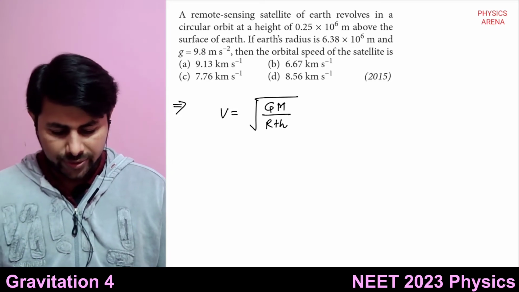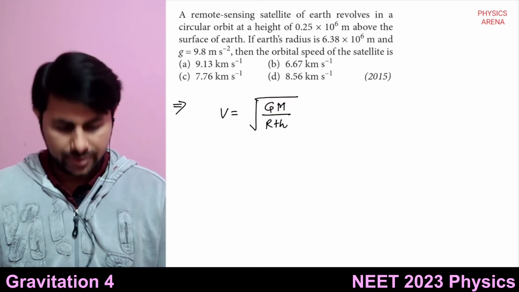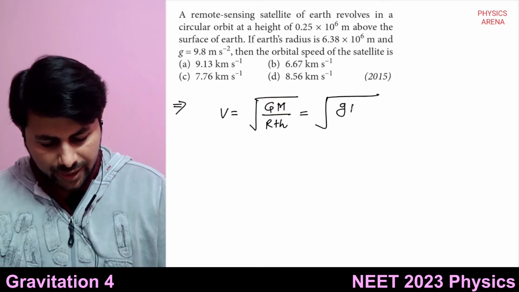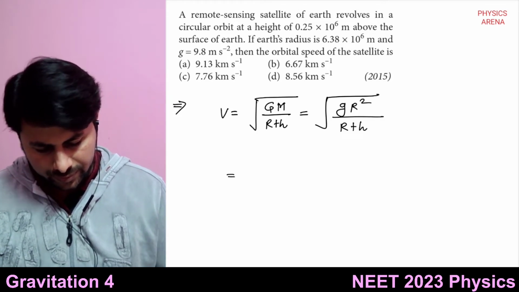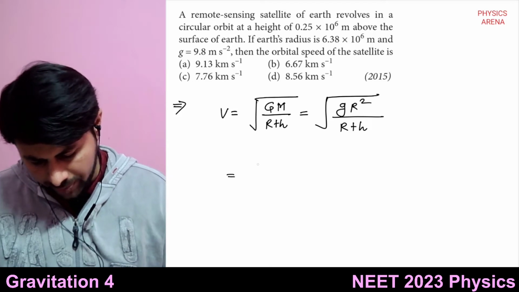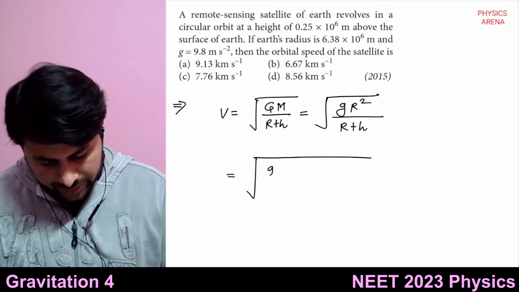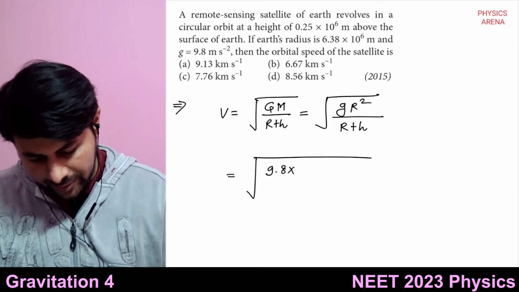So now what we can do is convert this GM in terms of g. So what do we get? g R square divided by R plus h, and now there will be a lot of calculation in this, but we can solve it. So it is 9.8 multiplied by R square. So how much is R?